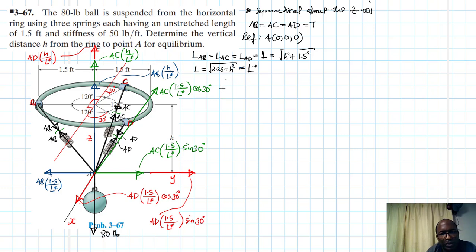So let's apply the equations of equilibrium. We'll start with summation of forces in the x equal to 0. What do we have in the x? In the x, we only have two.